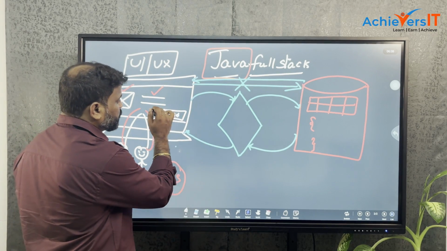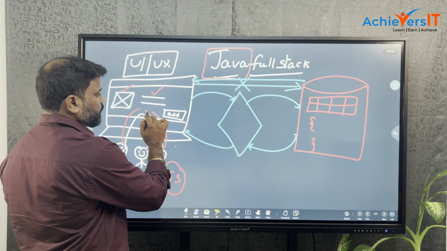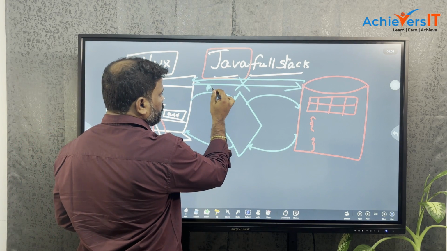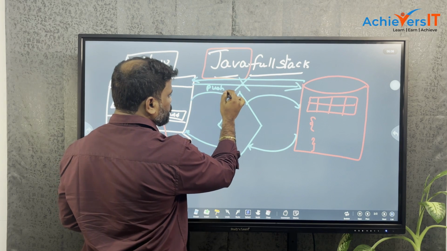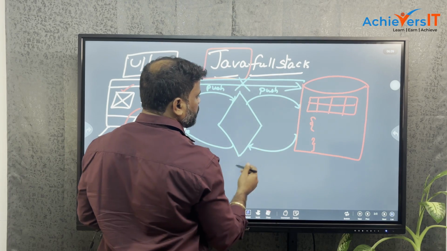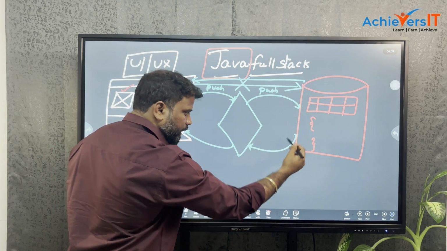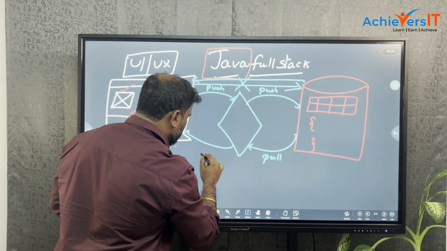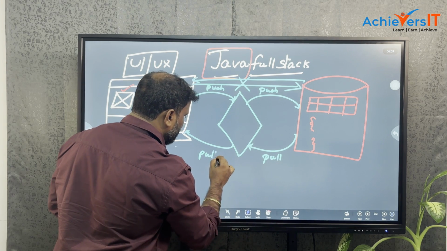So the request which the user is placing with the help of a UI layer is known as a push request. We can push the request from client to server, and the server can push the request to the database. Again, we can pull the data, and finally we can pull the data into the client.